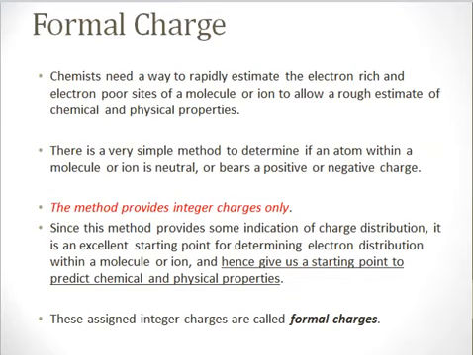We just don't want to know the exact fractional charge existing on the atom. We just want to know which is rich and which is deficient, right? So in order to estimate the charge distribution, we just want a rough estimate, so that we can decide which is rich and which is deficient.